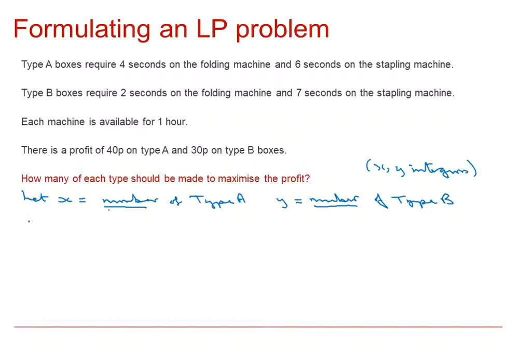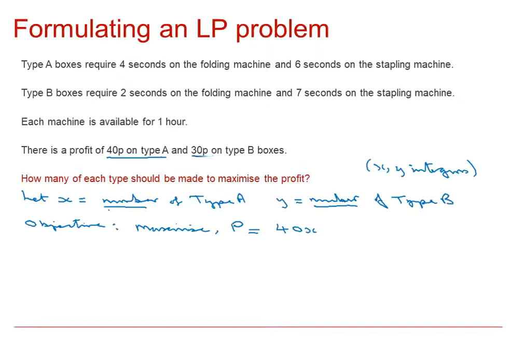The next thing to look at is the objective. So what is our objective? Our objective is to maximize profit. So I'm going to call the profit P just to keep things simple. So we make 40 pence profit for every type A box, and we're going to make x of those boxes, so that will be 40 times x.